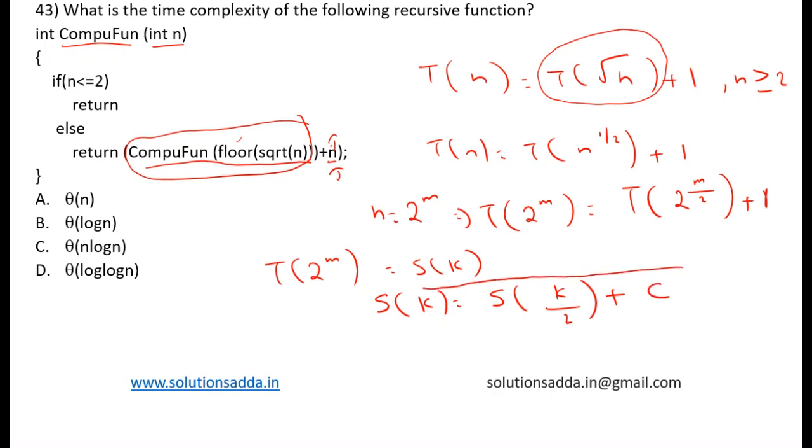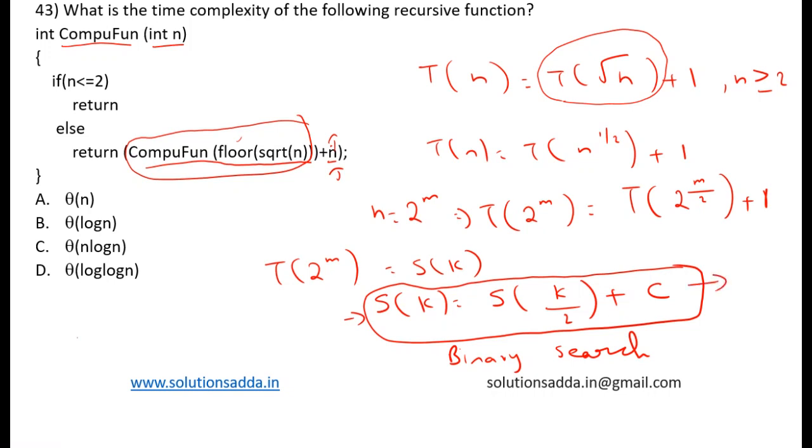Look at this particular recurrence relation. This recurrence relation represents the recurrence relation for binary search. So without using the master's theorem or any substitution method, we can outrightly solve this. So the time complexity for this is theta of log m.